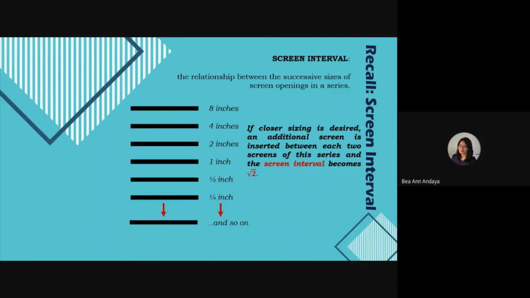So, ibig sabihin, ang mangyayari na sa screen interval natin ay square root of 2. Now, for careful work and some other researches, meron pa rin tayong ginagamit na special screen interval wherein our multiplier will become the fourth root of 2. Okay, so usually sa mga research facilities, and yun talagang very specific or very critical in their sizings.